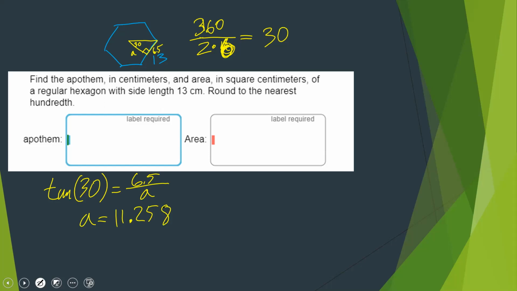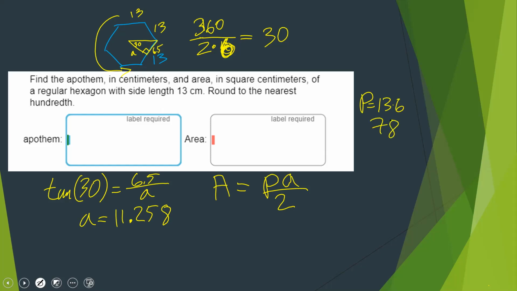Okay, and then area, of course, I can say, well, area is equal to my perimeter times my apothem divided by 2. I now have my apothem. If I know one side is 13, then the rest are 13. So I have 13 times 6, which gives me 78. So let's plug everything in. 78 as my perimeter.